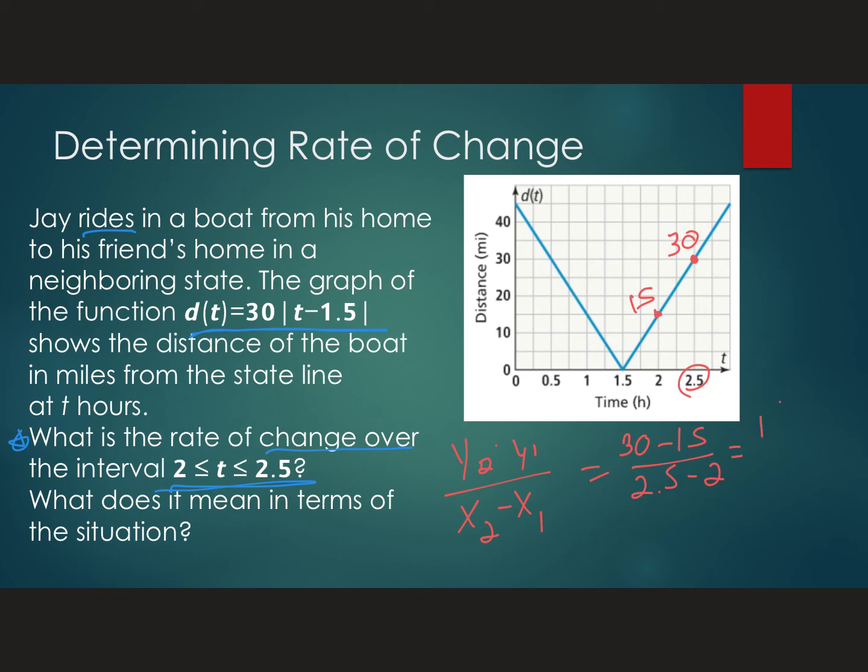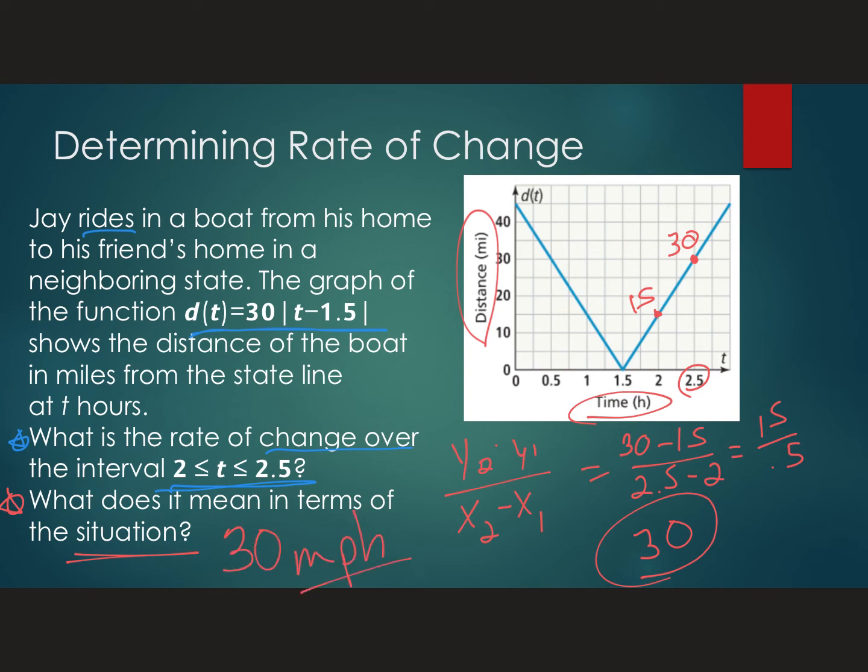So that gives me 15 over 0.5, which if I divide gives me 30. So that's my rate of change. What does it mean in terms of this situation? Well, I'm comparing distance and time. So he was going at 30 miles per hour. It was his speed.